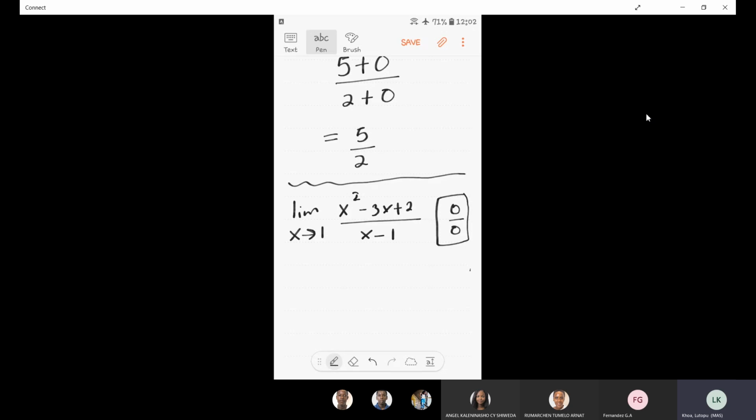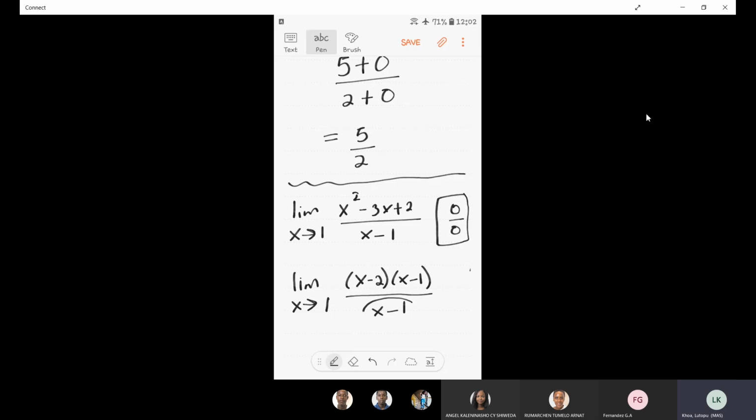So to work out this limit, we see that we cannot substitute the way it is. What we should do is factorize instead. So I will factorize the numerator and see if there's anything that can cancel. So I have x minus 2, x minus 1 over x minus 1.